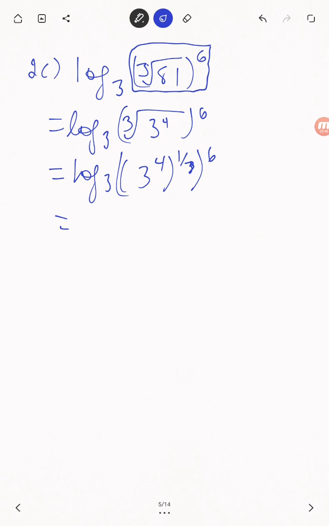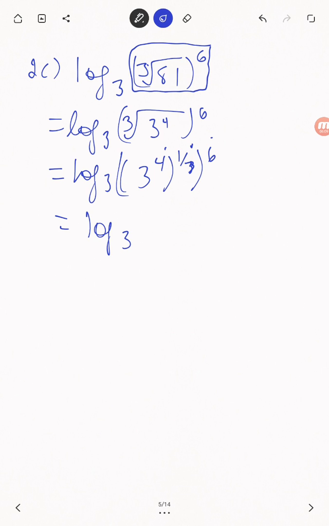And now I have power of a power of a power. So I just remember my exponent rule, I just multiply all the exponents together. So 4 times 1/3 times 6 actually comes out to 8.